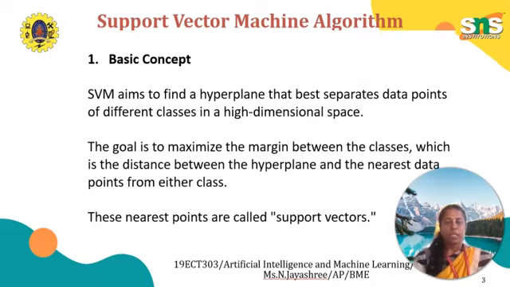Let us see the basic concept behind the support vector machine algorithm. A support vector machine aims to find the hyperplane that best separates data points of different classes in a high dimensional space.